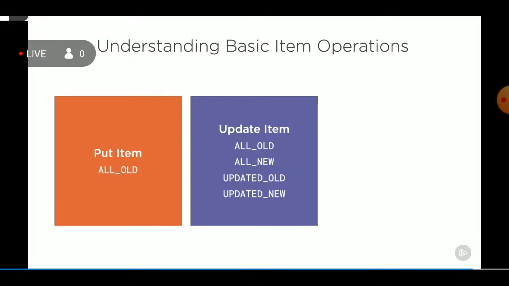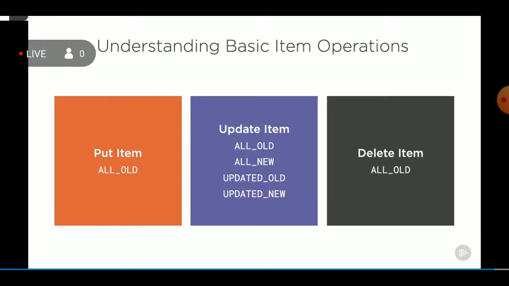And lastly, we have updated new option, which returns updated attributes as they appear after the modification. And for this return value, when the item does not exist, all attributes are returned as they appear after the update. And for delete item operation, we have all old return value, which returns entire item as it was before deletion. If the item does not exist, this return option does not return anything.